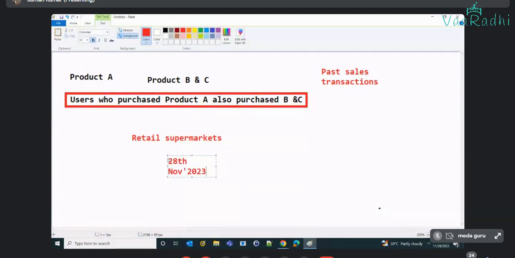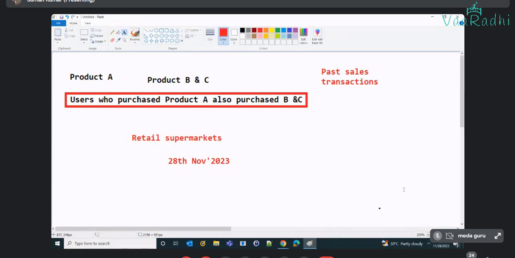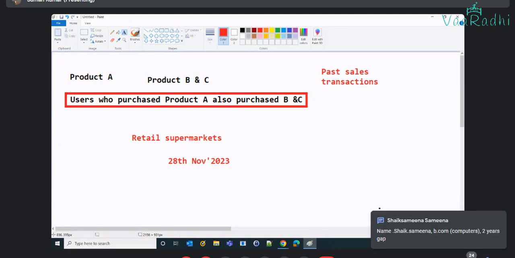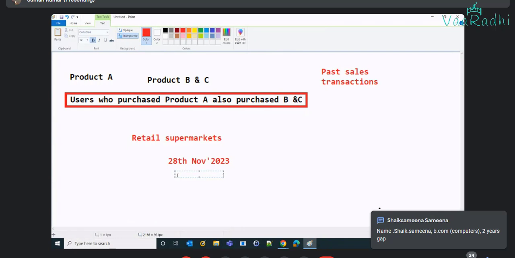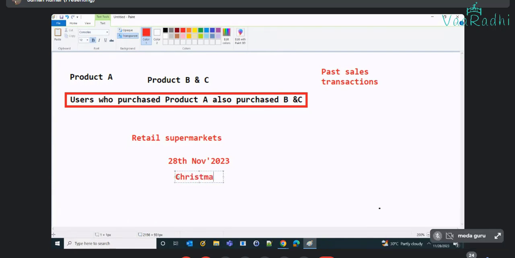28th November 2023. We know this is not a festival season because the festival season, Dasara and Deepavali, is already gone. So these people, if there is any new festival season near, will look at that. In the calendar, the next festival season is Christmas and year end.